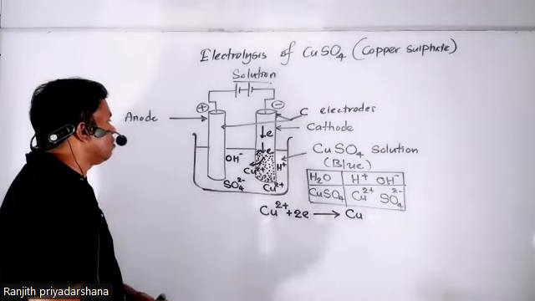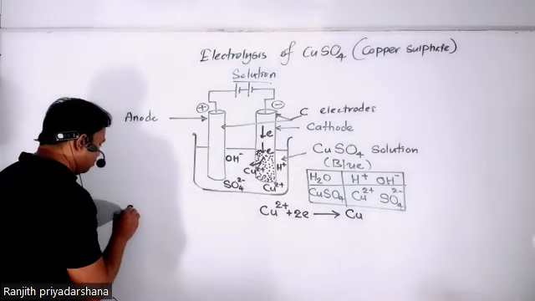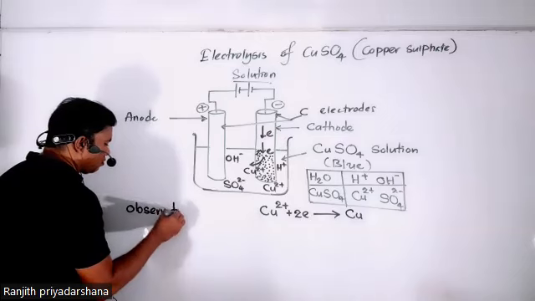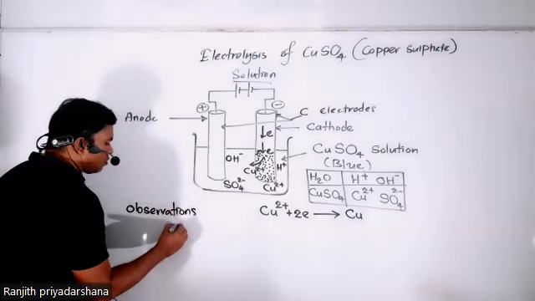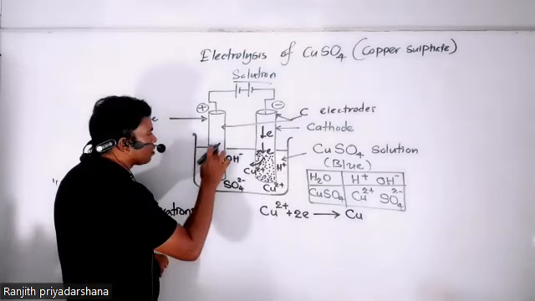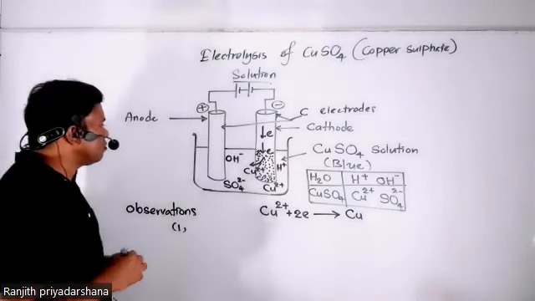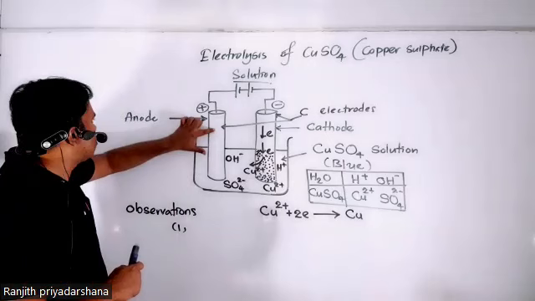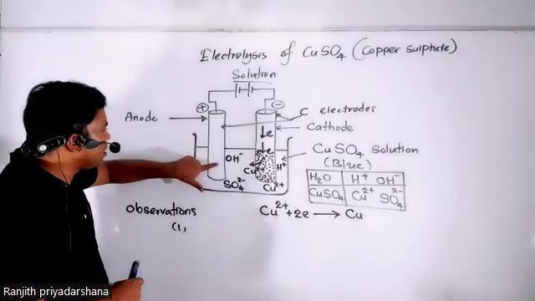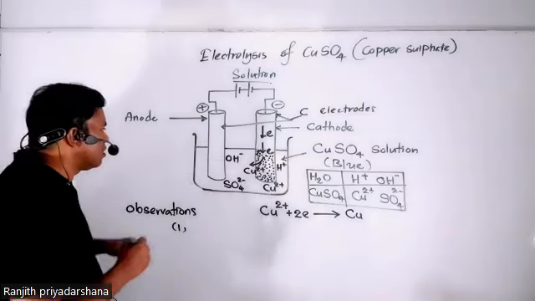Right? So your observation, first one, you can see in this anode, here you can see hydroxyl ions.